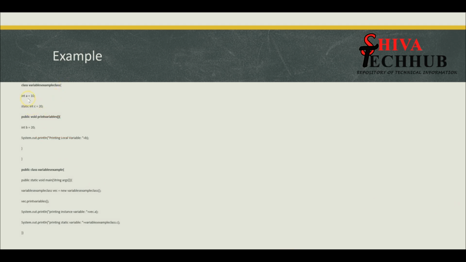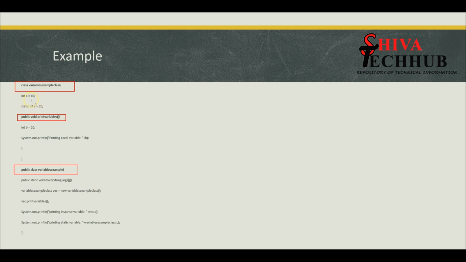For example, if you consider this int a equal to 10, this is defined. First let us understand this particular program. In this program, we are defining two classes. This is the first class and this is the second class. In the first class, we are defining a method or a function. Now inside the class, we are defining two variables.